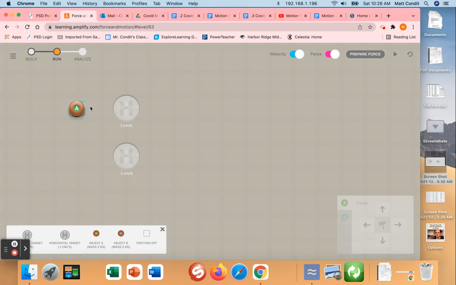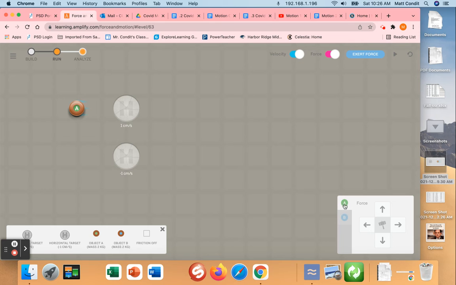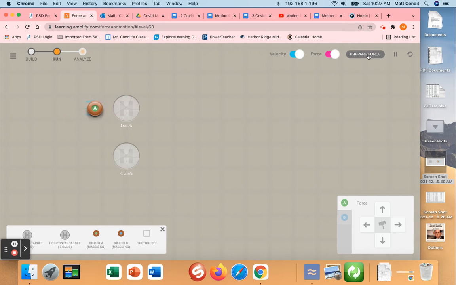This one has to be hit going to the right, which means I've got to stop this one and make it move the other direction. So I'll prepare my force. This one I will have to stop and make move the other direction. I'll exert it. It only works when the object is coming from the correct direction. Negative ones always mean objects from the left. Positive ones always mean objects moving to the right.